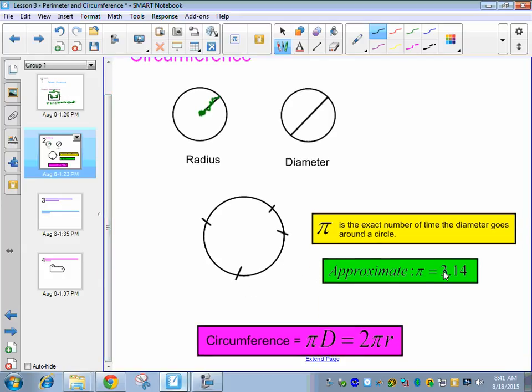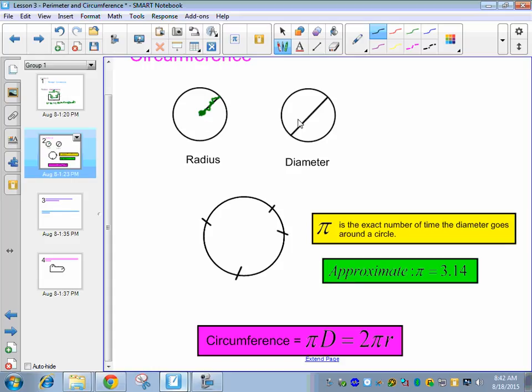Approximate pi is 3.14, so if you don't have a calculator that has a pi button, you'll just want to type in 3.14 for your pi. Circumference is d pi or 2 pi r, which makes total sense, right? Because d is the same thing as 2r. So we have a radius right here.